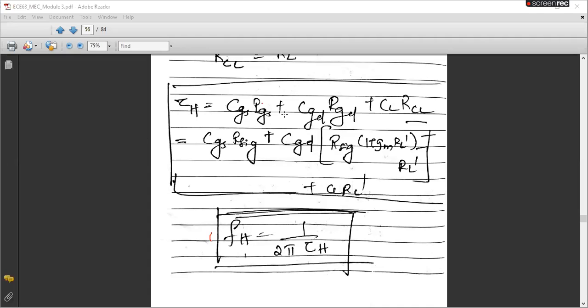So here I have written the expression of your cutoff frequency directly, that is 1 by 2 pi into tau h. So you need to remember the results that we have obtained from case 1, case 2, case 3. Put all the three results in a box.